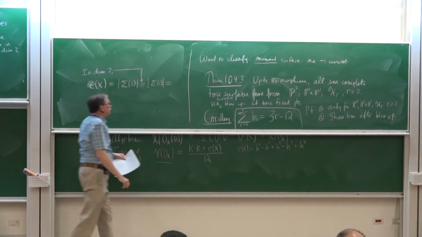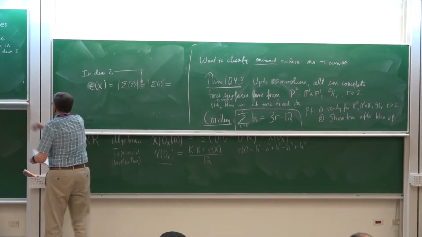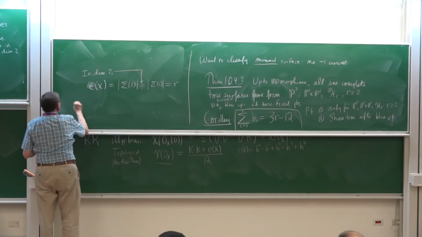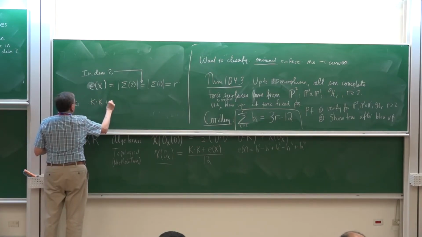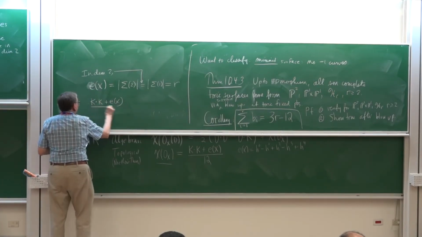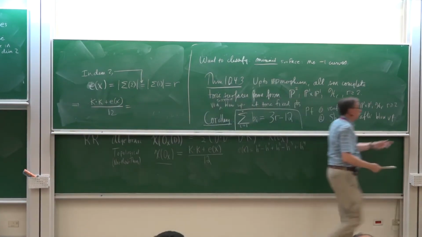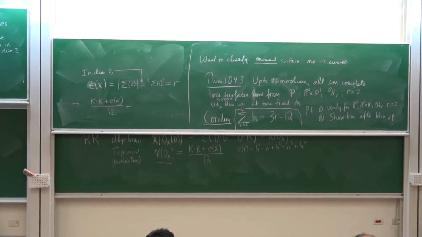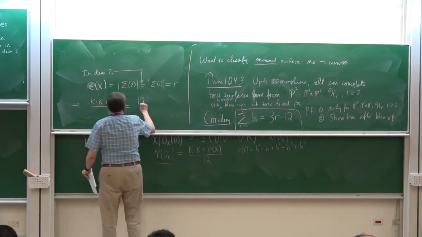And of course, what's the notation we use for the number of rays? That's our number R. So R is what we've been using for the number of rays. And so what that implies is that when I look at (k dot k plus E of x) over 12, when we computed k dot k over here using the classification of smooth toric surfaces, notice we got 12 minus R. That's looking good.